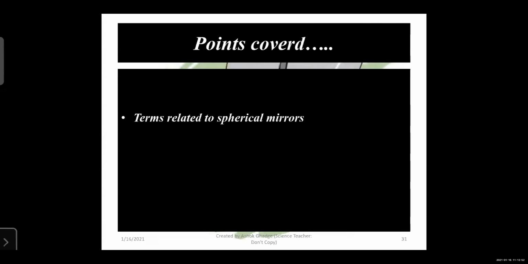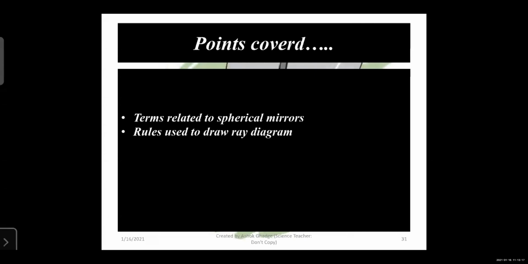Then we have seen the distance between the principal focus and the pole is called the focal length. Now, we have seen three rules used for drawing a ray diagram. In the first rule, if the incident ray is parallel to the principal axis, then the reflected ray will pass through the focus.